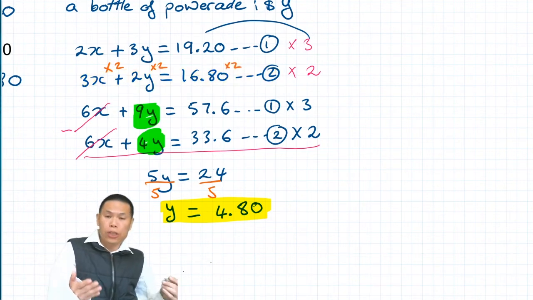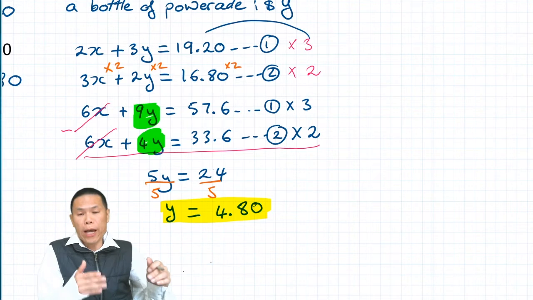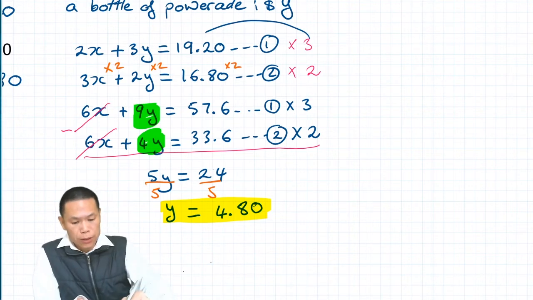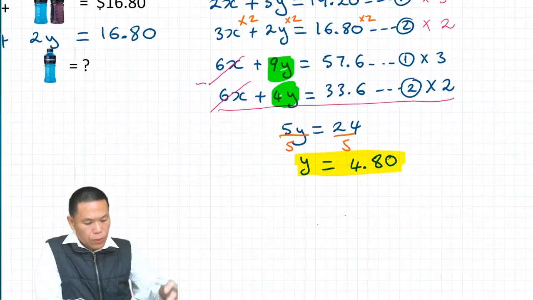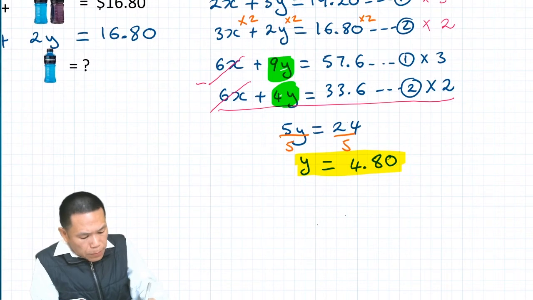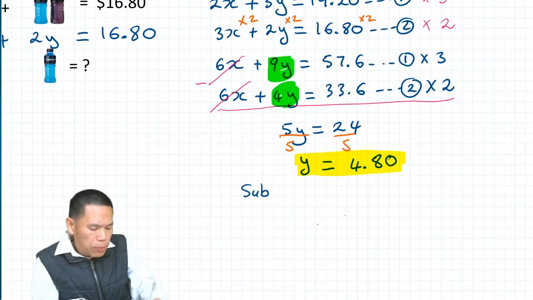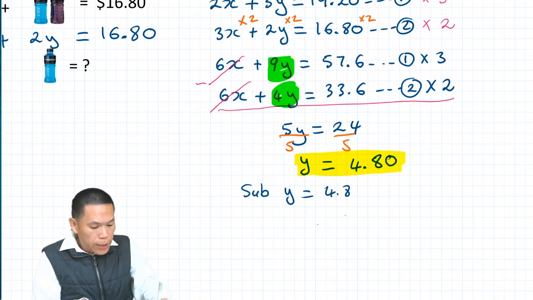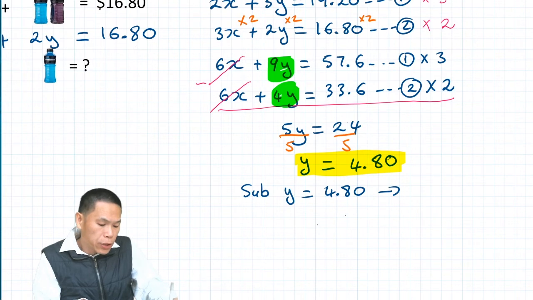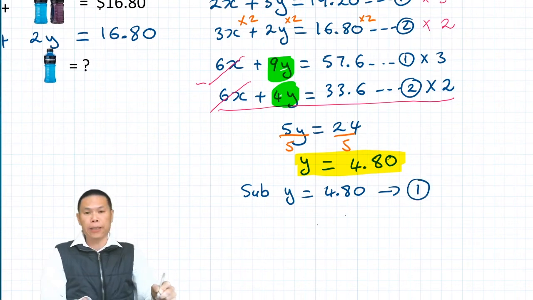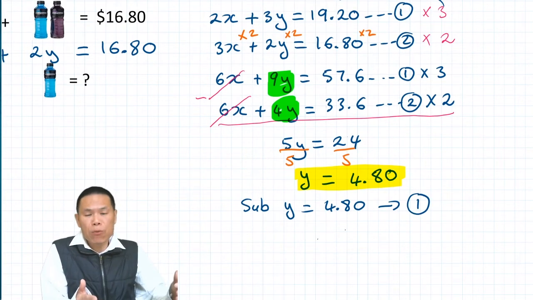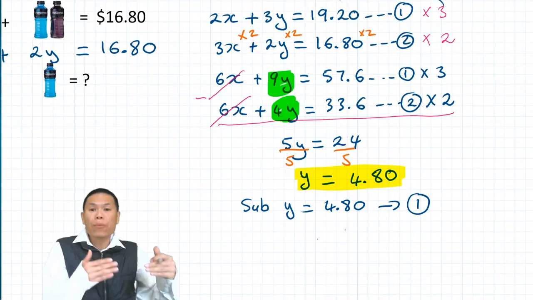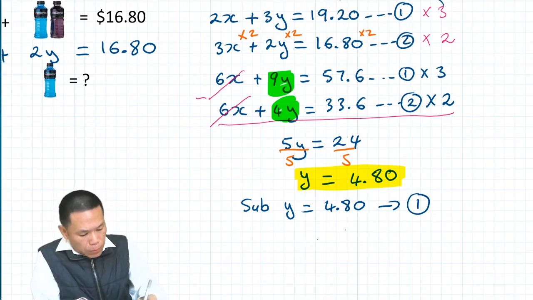So I just substitute y equals 4.80 into equation number 1. This means that every time we see y, we replace it with 4.80.